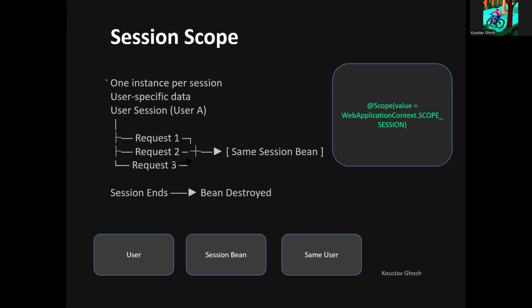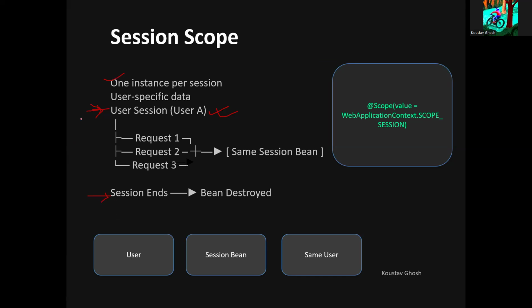So here also you can see one instance per session. One bean is created per user session, and it will be shared across multiple requests of that user. Suppose user A came and requested the same session bean. Suppose that session is initiated here and ends here.